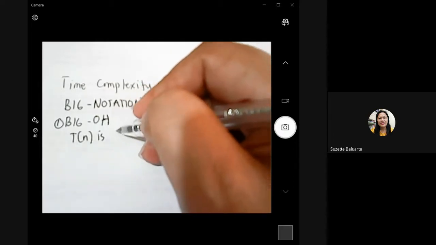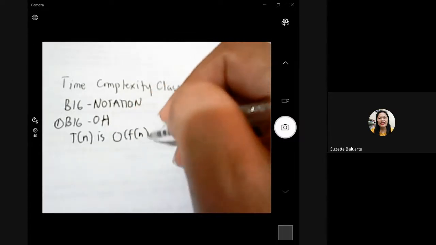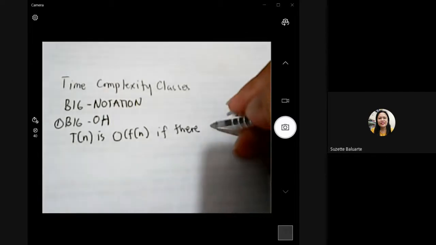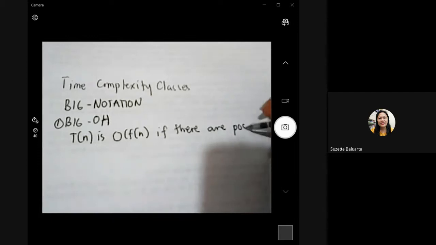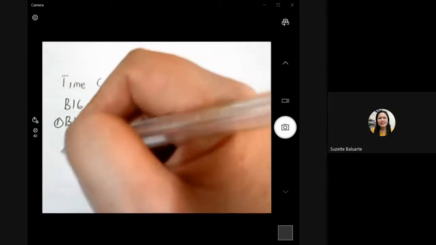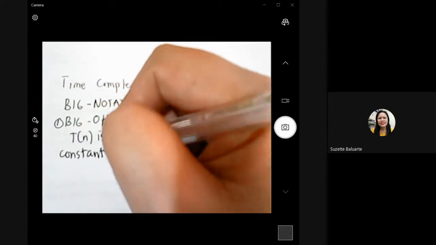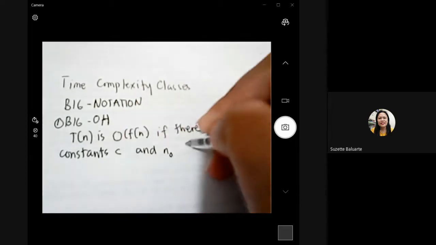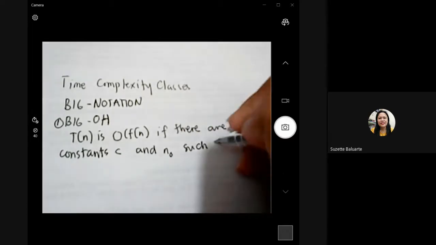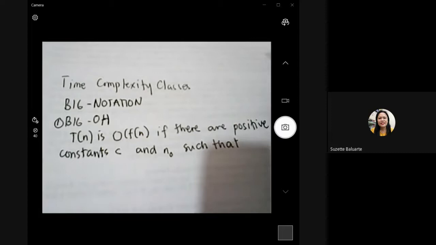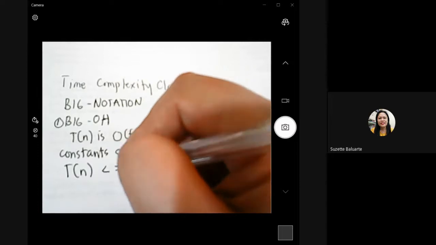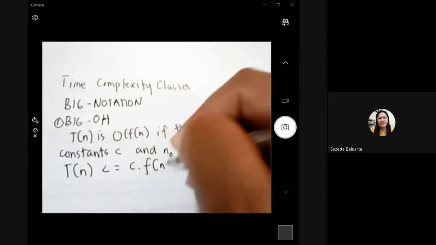So the T of n is a big O of f of n if there are positive constants C and n sub 0 such that T of n is less than or equal to C of f of n.